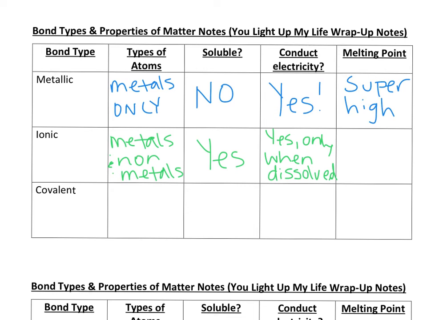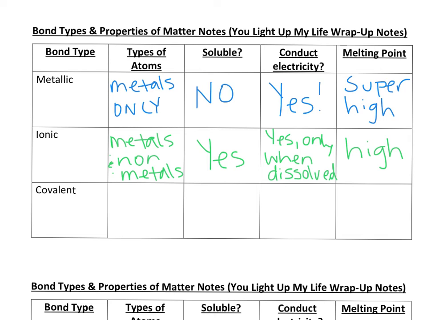It wouldn't ever melt on our hot plates because we would need in like the thousands degrees in order to do that. So we're going to say high melting points. Okay. All right, not as high as metallic, but definitely high melting points, higher than we could ever achieve in the classroom setting. All right, and then last but not least, we've got covalent.